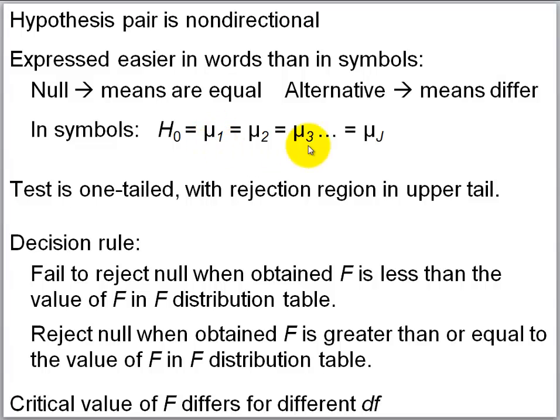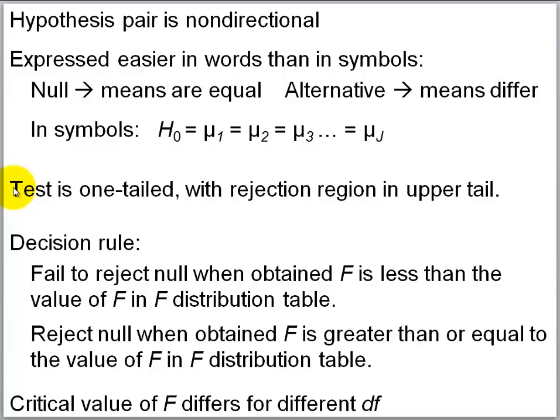So this mu with the 3 next to it is symbolizing the mean in the population from which group 3 has been randomly selected. The null then states that all population means are equal. The alternative states that population means differ.